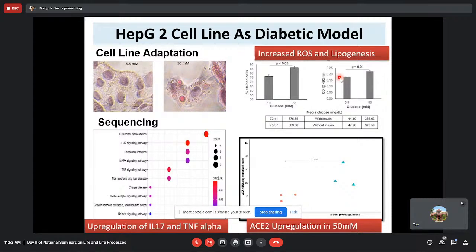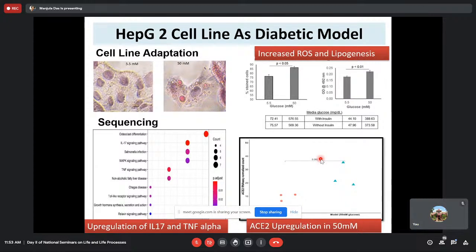Instead of that, we grew the cells in 5.5 millimolar glucose and made the cells insulin resistant by giving a hyperglycemic shock by growing them at 50 millimolar glucose. So glucose uptake was severely hampered in these cells, as well as increased ROS level and high accumulation of lipids.